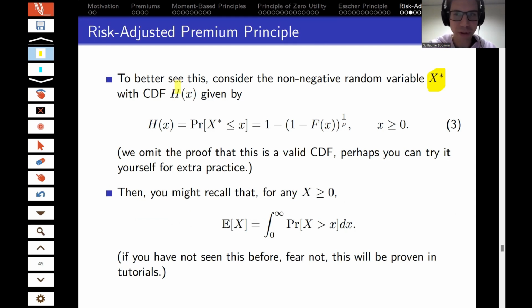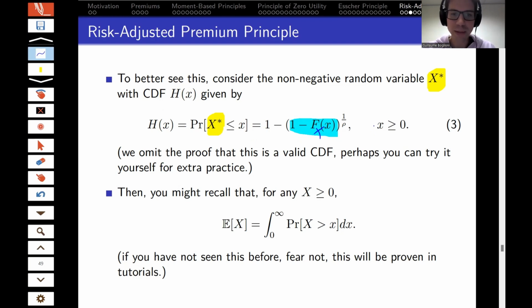The CDF of X star, let's denote it H. So the probability that X star is smaller than whatever number little x, we define it to be 1 minus 1 minus the CDF of X. Big F is the CDF of the initial X. You could have put a big X here. All to the power of 1 over rho.